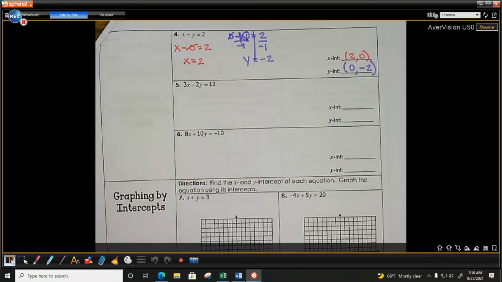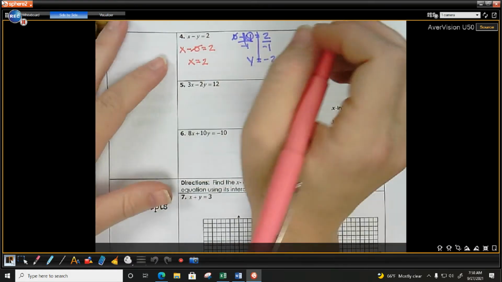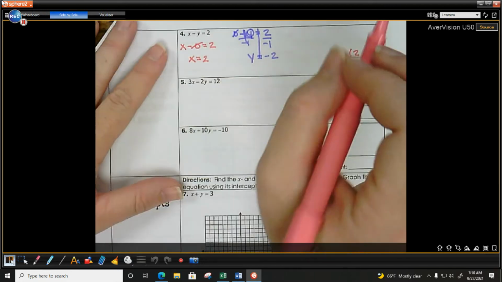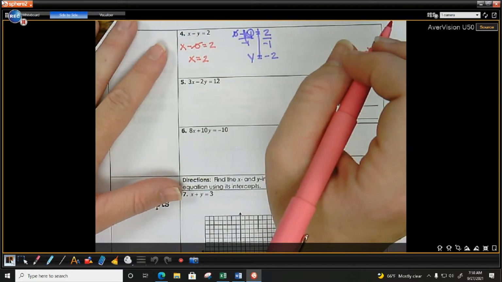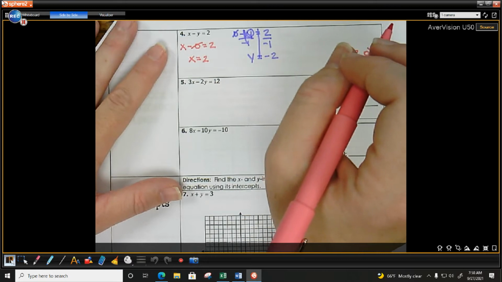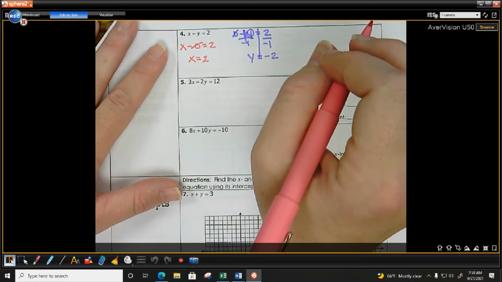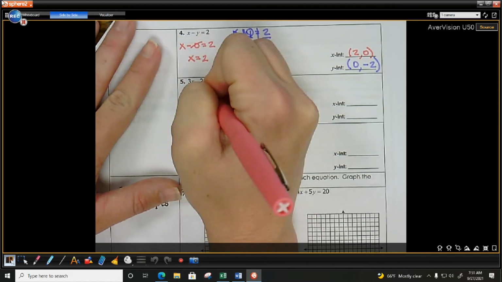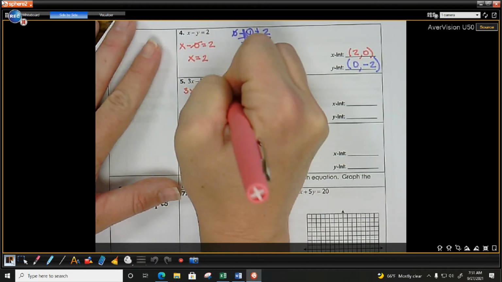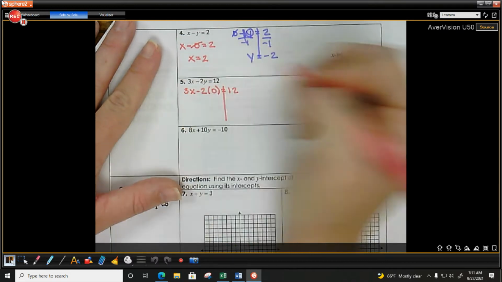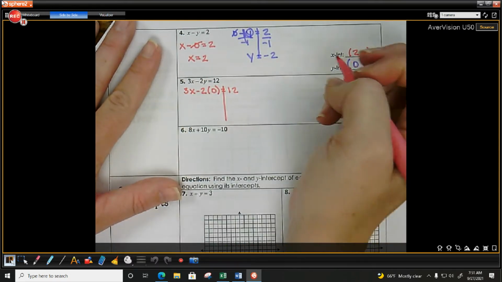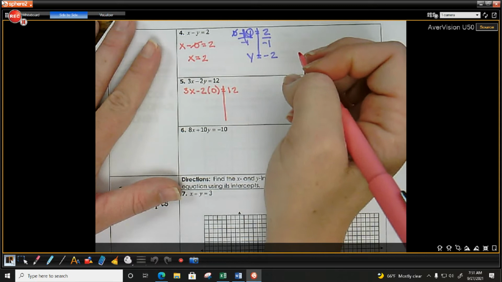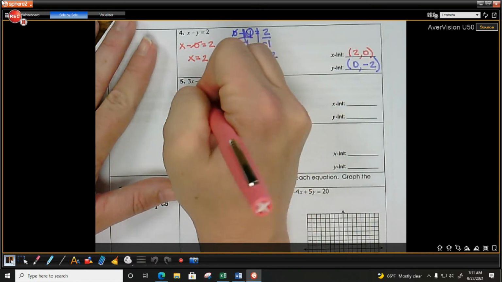Very good. Okay, I'm going to start calling on y'all because we're not participating too much. So what am I going to do first, Ben, to find my x-intercept for number 5? Good job. What happens to my 2 times 0? What is 2 times 0, though? 0. So that just cancels out.